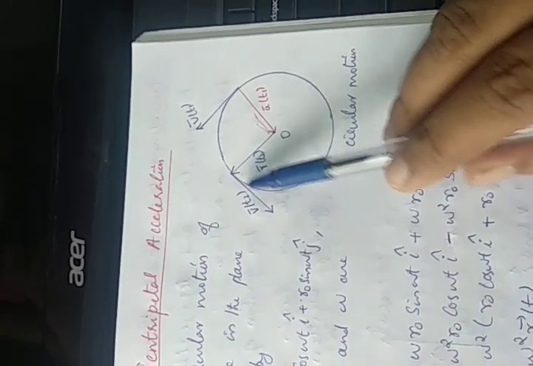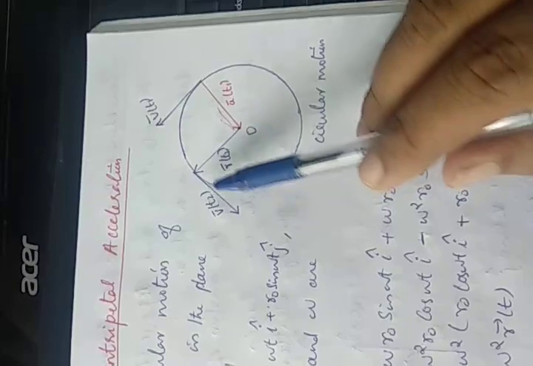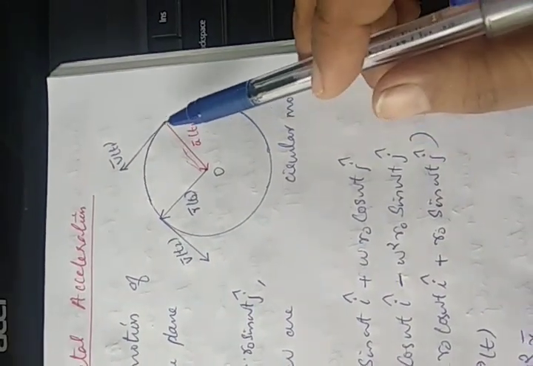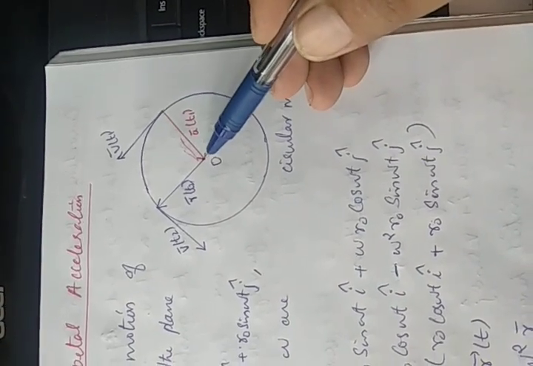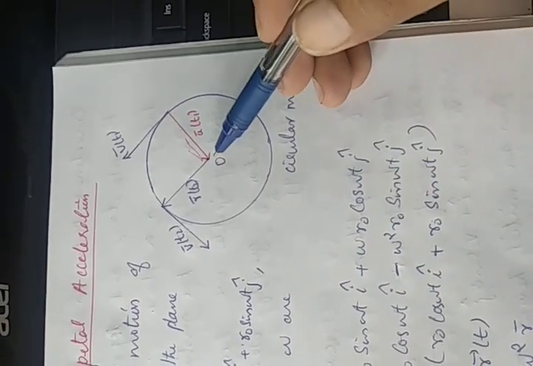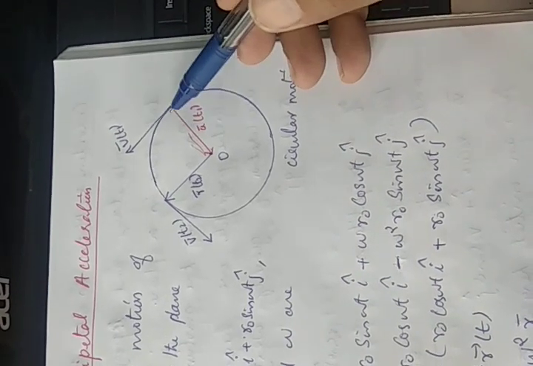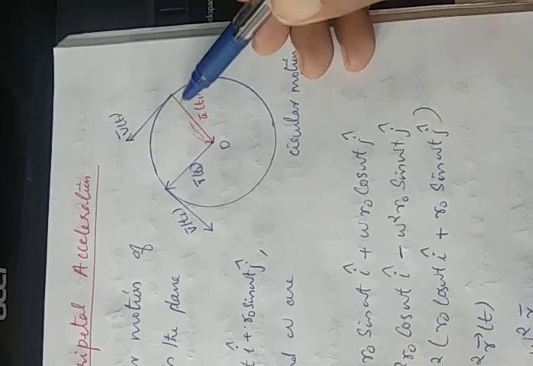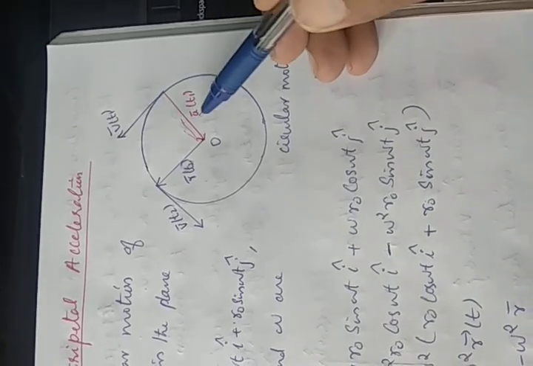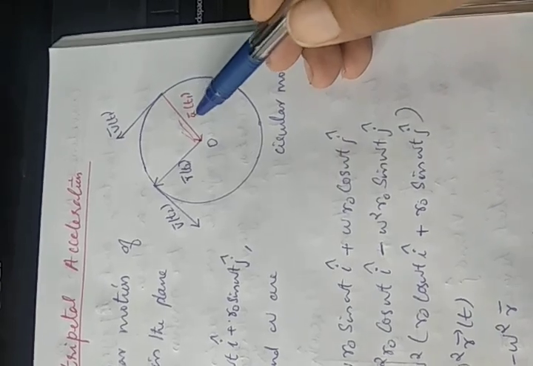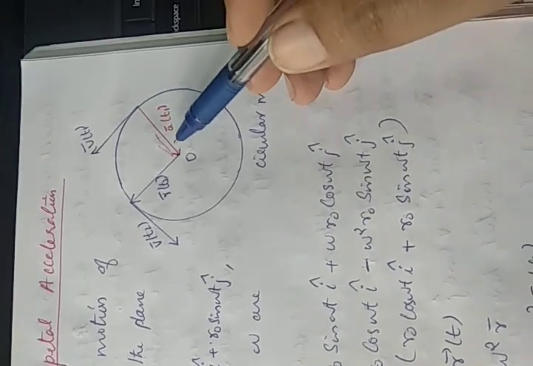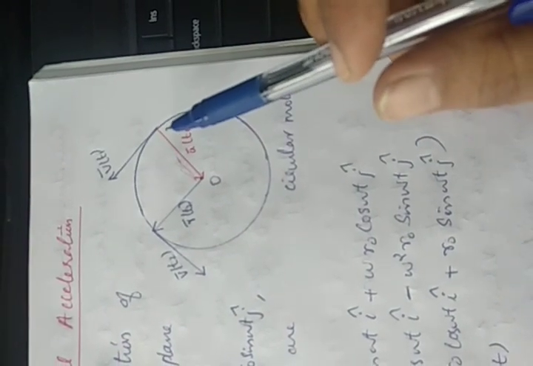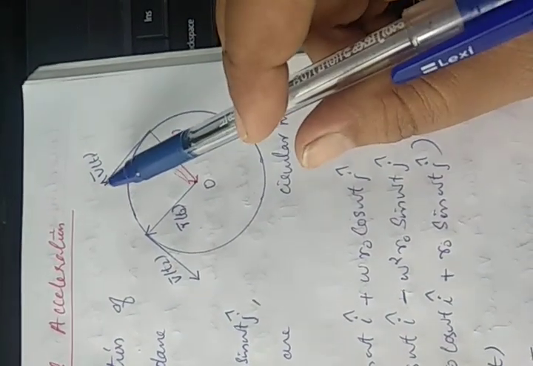So this is the velocity vector v of t2, and at t is equal to t1, the position vector will be a vector from origin to this point, and this is the vector opposite to position vector, which is here the acceleration vector. Here a of t1 is drawn, and v of t1 means the tangent vector at t is equal to t1. This is v of t1.